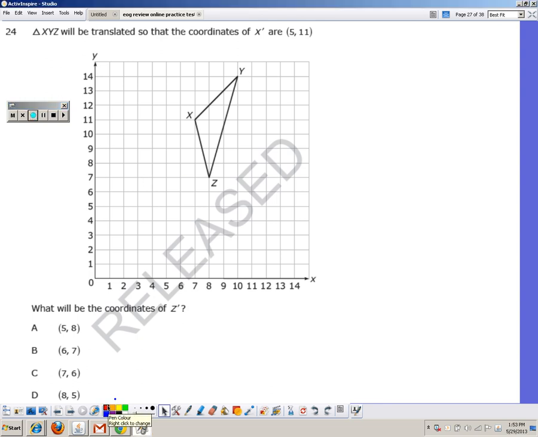So that means X is going to go from here to 5, 11 is here. As you can see, all we did was move it 2 places to the left. So they want to know what Z is. Well, for translations, where you move 1 point, it's how you're going to move the other. So we're going to move Z 2 points to the left. So the new coordinates are 6, 7.